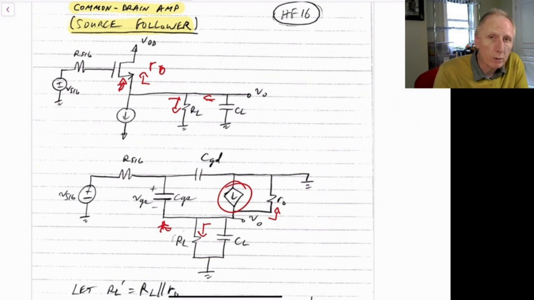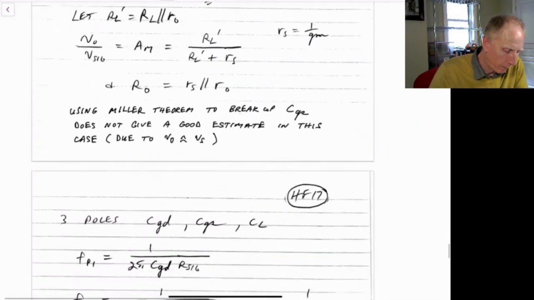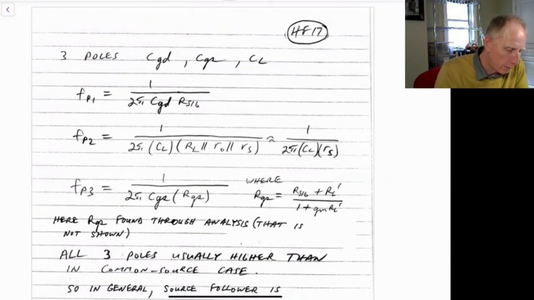And looking into the source of the transistor we've already seen is equal to 1 over GM of that transistor. So for CL, it's just equal to RL in parallel with R naught, also in parallel with RS, where RS is equal to 1 over GM of the transistor.